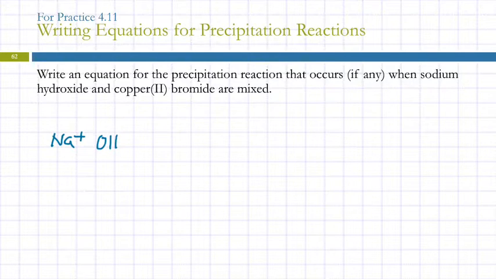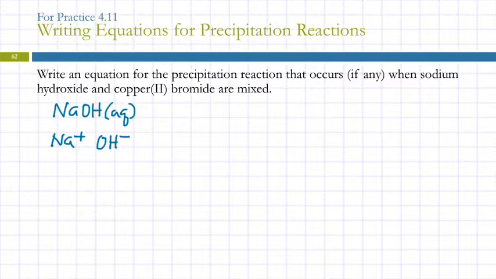Hydroxide is OH- because we memorize it. So sodium hydroxide would be NaOH. I don't need any parentheses because I only have one polyatomic ion. Is this compound soluble? Yes. Sodium compounds are soluble, no exceptions.